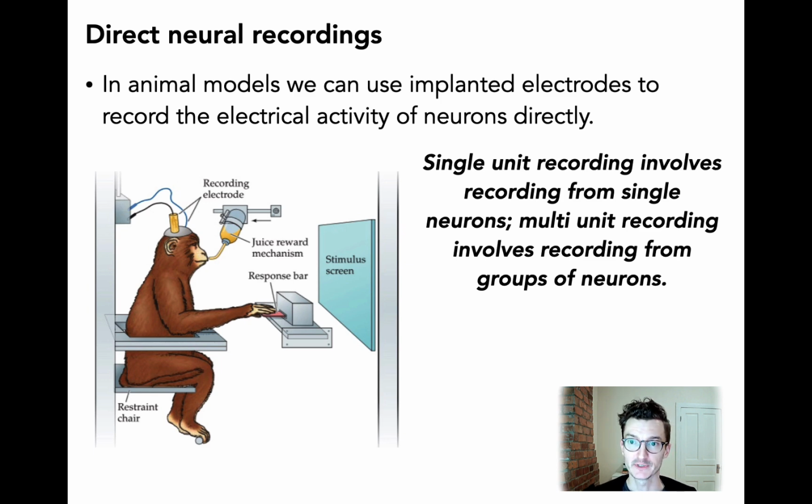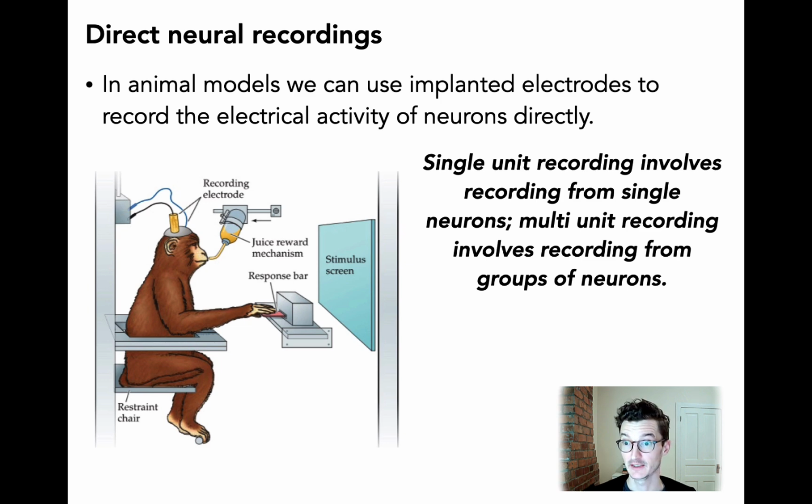So in animals, we can implant electrodes directly into the brain and record from either single neurons, this is called single unit recording, or record from groups of neurons, which is called multi-unit recording. And this allows us to correlate brain activity with behavior.